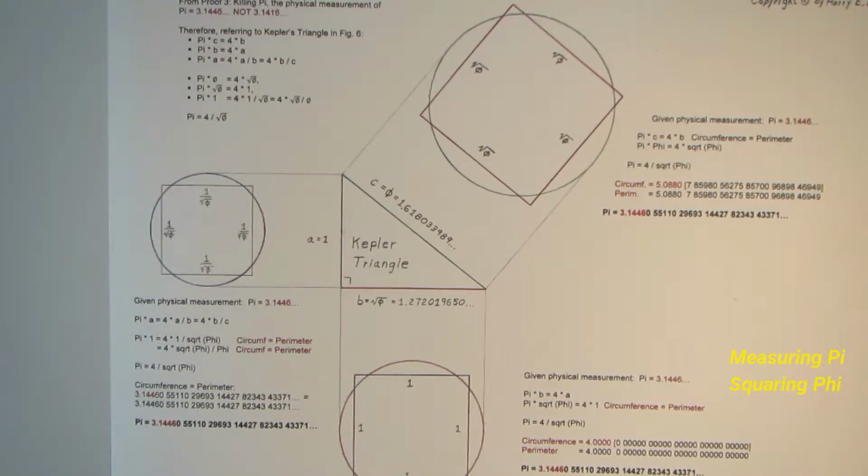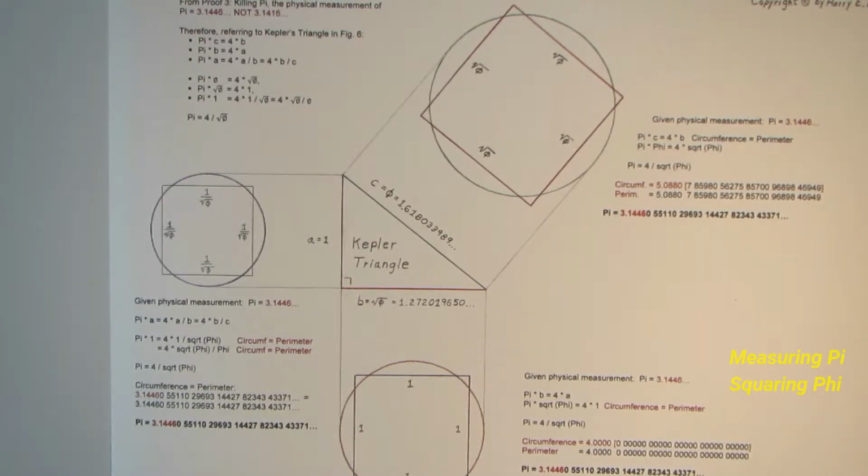The thing that we want to show is the perimeter has nothing but constants. It's 4 times the square root of phi. So the perimeter is 5.0880 and on out further, if you wanted to use more than the measured value of that we did physically, the measurement of circumference equal to pi with a tape measure, and we cut the circle.